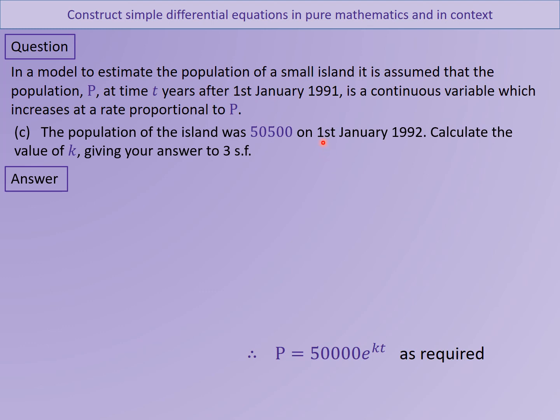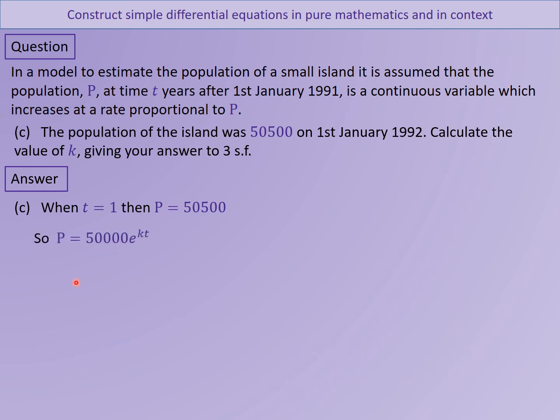Now this is talking about the 1st of January 1992, so that is just one extra year. The t value is just equal to 1. The population has increased by 500, so I've got a P value of 50,500. I'm going to substitute both of those back into that equation. I substitute the t value and the P value in, and obviously the 50,000 is always going to be there.